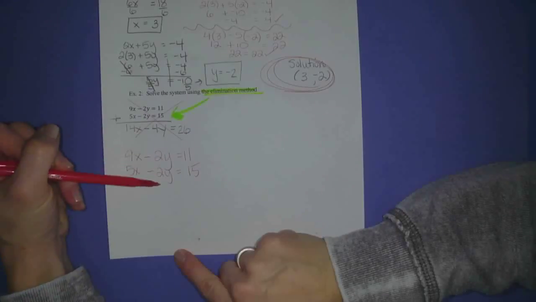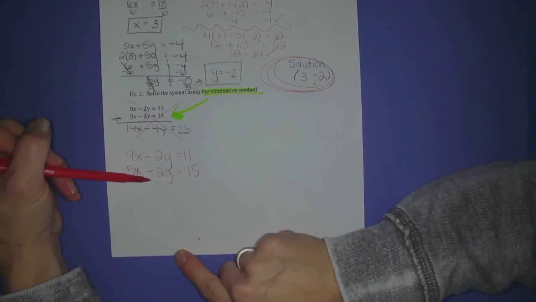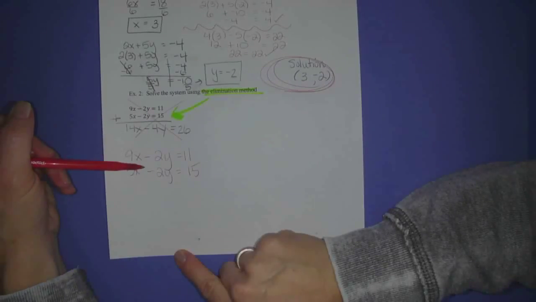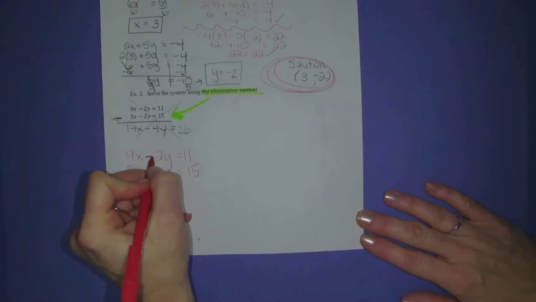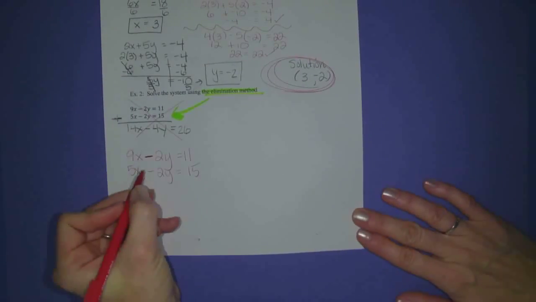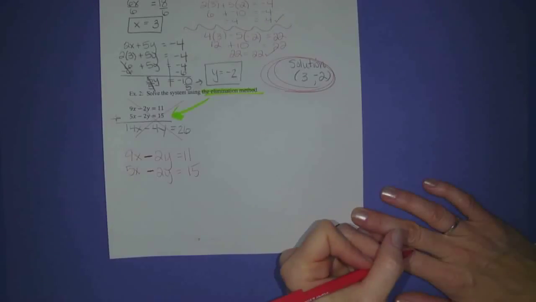You've got the 2y and the 2y. They want to cancel out. The problem is the only way they can cancel is if their signs are opposites. So while this right here is fine to be negative, we need this sign right here to be positive so that the negative and the positive cancels out.